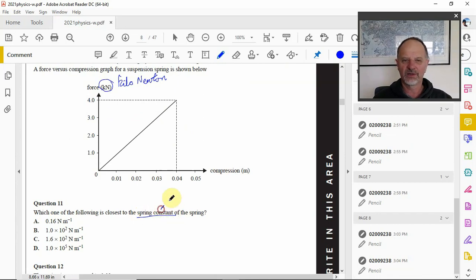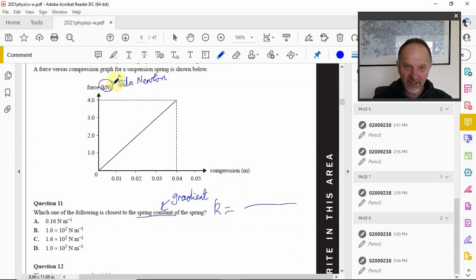Okay, so for a force compression graph or a force extension graph, the spring constant is our gradient. So rise over run if you like. So all we need to do then is that k would be 4.